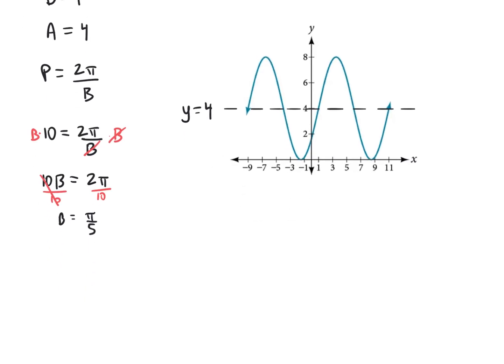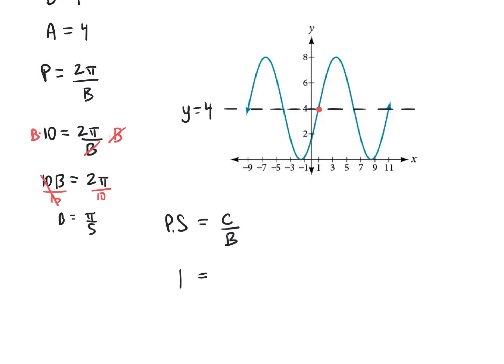So for c, you need the phase shift. So the phase shift is given by c over b. So notice that the graph starts here at 1. So it's shifted to the right 1 unit. So that means that your phase shift is positive 1 because it starts at 1. It doesn't start at 0. So now we can replace the phase shift with 1 because that's what it shifted. It shifted 1 unit to the right.